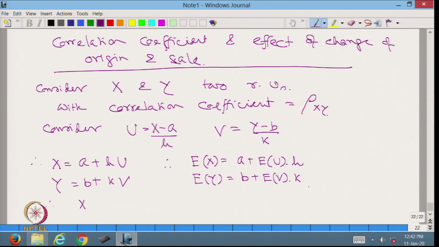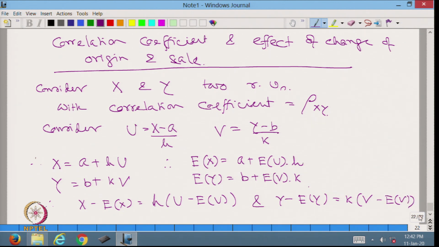Therefore, x minus expected value of x is equal to h into u minus expected value of u, and y minus expected value of y is equal to k into v minus expected value of v.